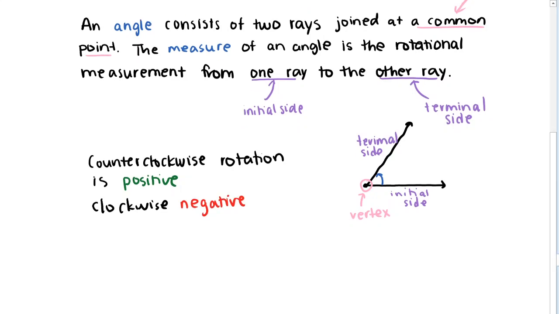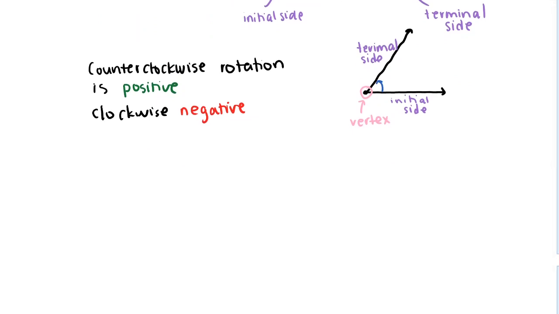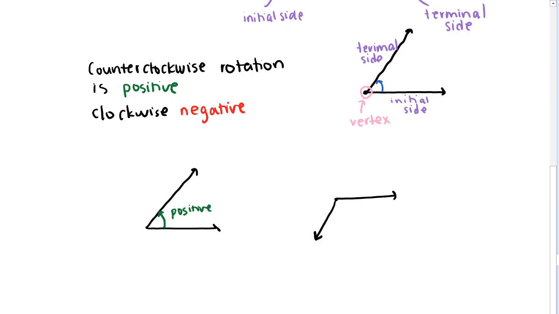So maybe a picture here is like our original picture on the right. This rotation going counterclockwise, we're going to consider as a positive angle measurement. Whereas if we were to go in the other direction, this is clockwise, and we would think of this as a negative angle measurement.